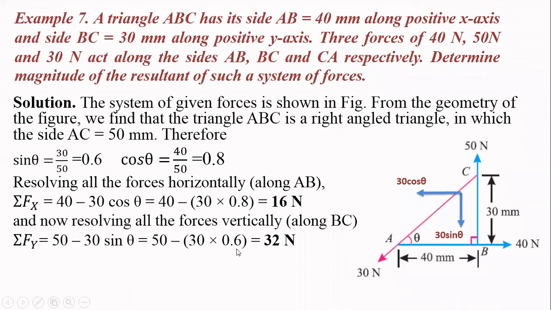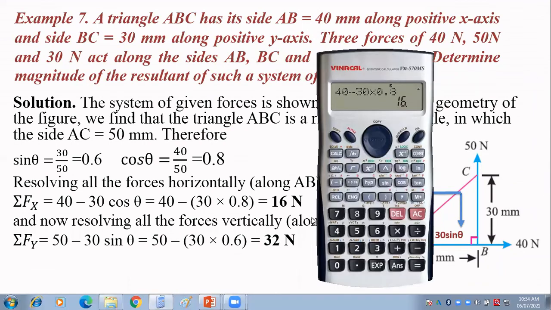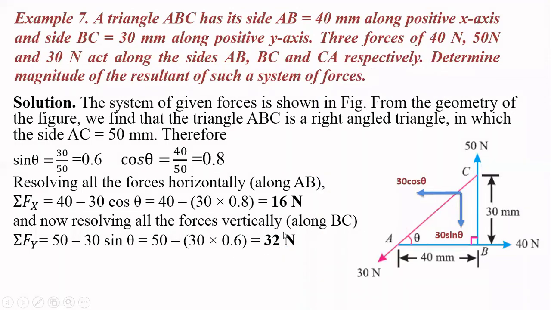Put the values and calculate: 50 minus 30 into 0.6, 32. Okay, summation Fy is 32. Summation Fx and summation Fy are both positive. It indicates that the force is going right side and vertically upward.